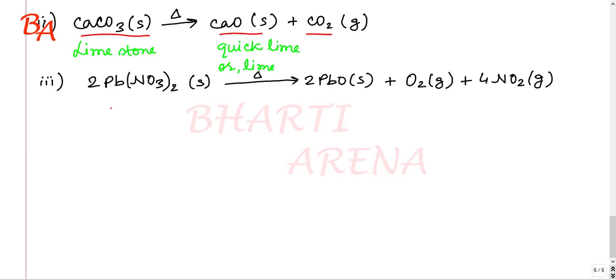So this lead nitrate, when heated, produces this gas which has brown color. So this brown fume of nitrogen dioxide is produced in this reaction. So here also from one component we get more than one component, so it is also a decomposition reaction.